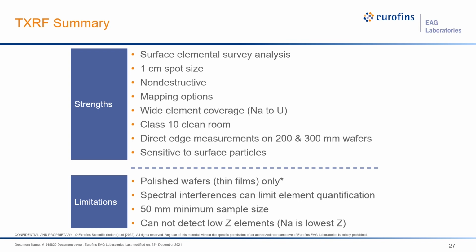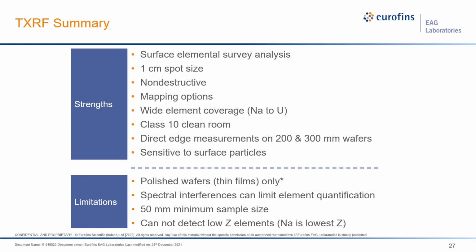It is non-destructive, and it employs a 1 centimeter spot size, which we can also utilize into mapping options on larger wafers. Our instrument resides in a class 10 clean room, so that we don't risk any additional contamination on your samples. Everything is handled in a clean room. We can now take direct edge measurements on 200 and 300 millimeter wafers.